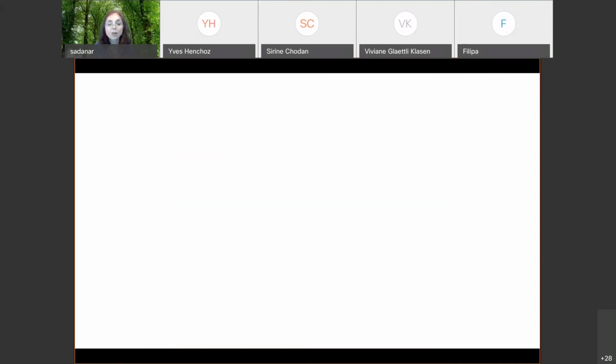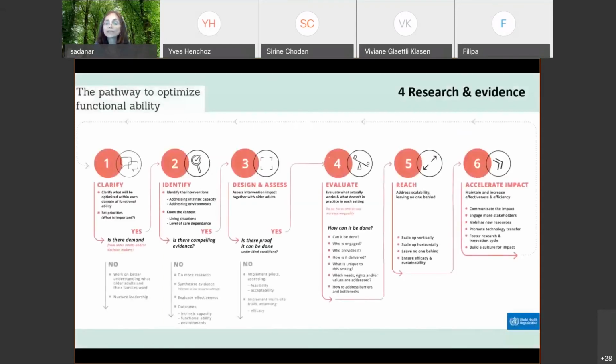So I won't go into detail, but we did develop this overall pathway to optimize functional ability, to show that there are 6 steps reflecting existing WHO research, knowledge translation, and scale up strategies that can be applied.